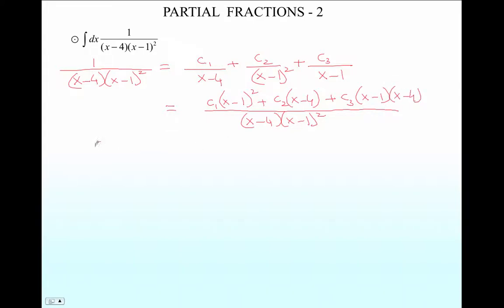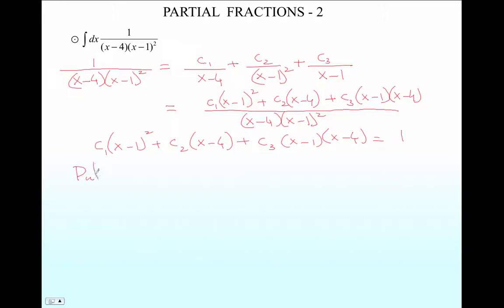Now our challenge is to find over here constants c1, c2, c3 such that this numerator, which I'm writing here, is equal to 1. This is a relation that holds for every value of x, and so it is my choice to make x have this or that value.